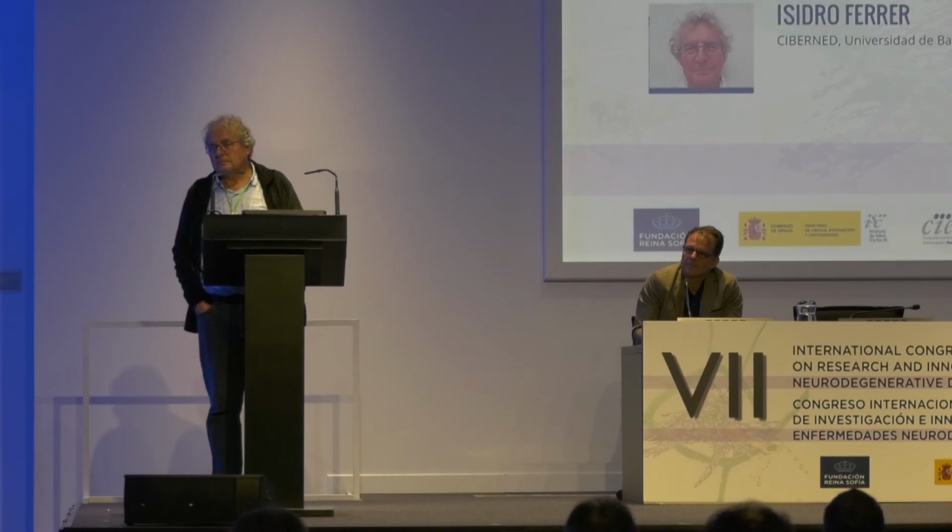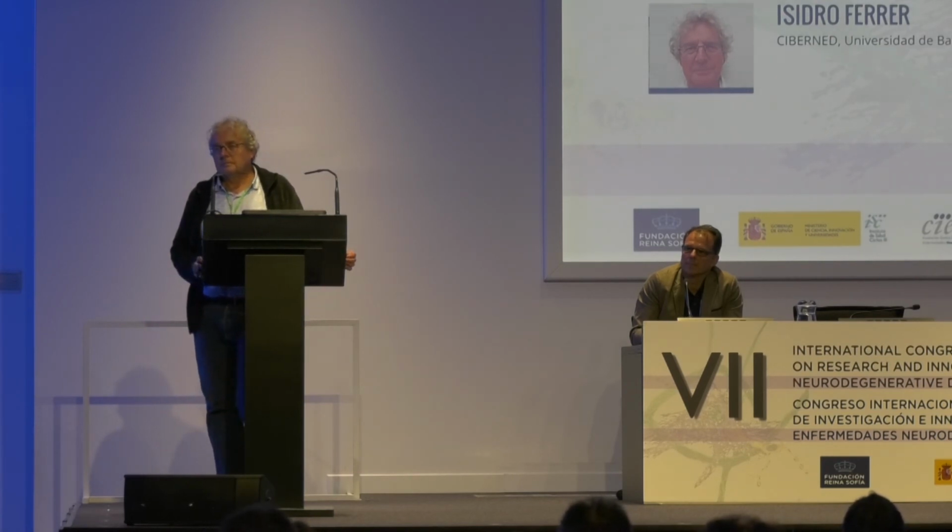I think it's important because you mentioned at the beginning the importance of the ratio of 4R versus 3R tau, and mice express much more 4R tau than 3R tau, unlike humans, who under normal conditions have similar amounts. So maybe it would be nice to see whether the patterns of spreading that you see in a wild-type mouse would change with the humanized version of the tau gene.